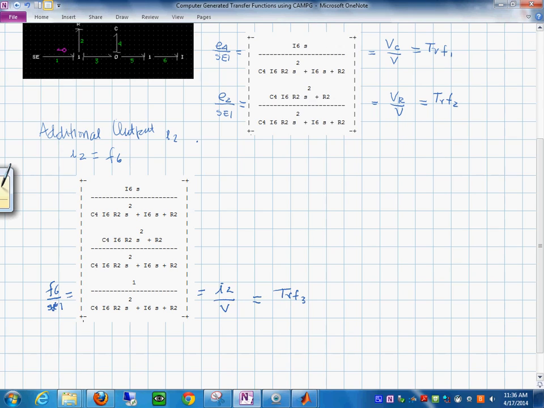But you could find any transfer function this way, not by doing a lot of algebra, but just knowing a little bit about how to manipulate the setup of the ABCD matrices, which is what this lecture is about. We are using the state space form to find the transfer functions. In this case, the computer generated transfer functions. And that's the explanation on this topic.